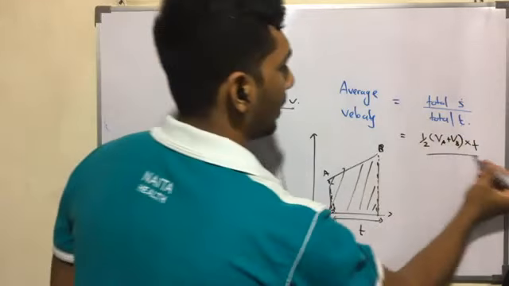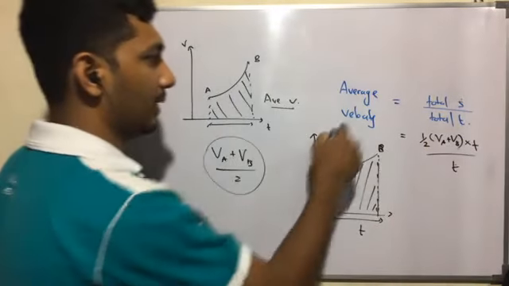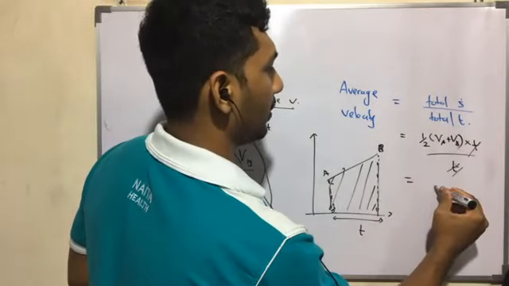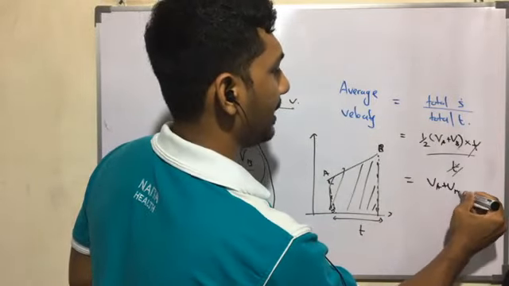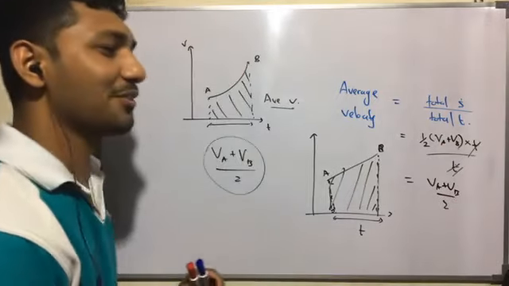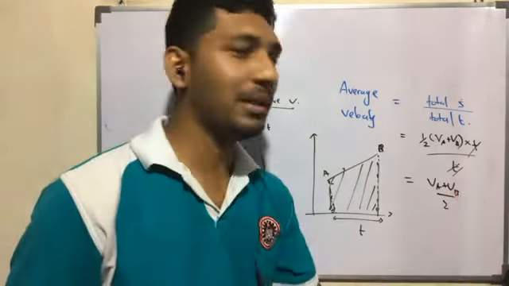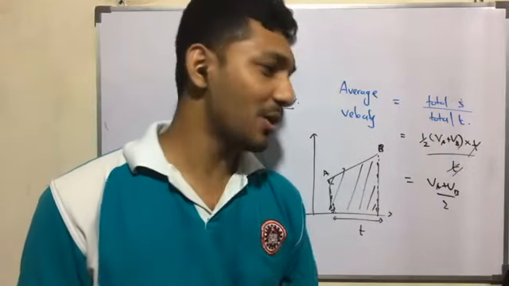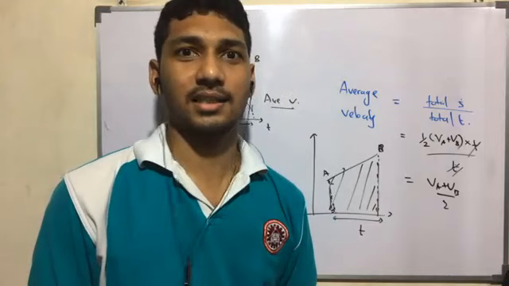Below that you have to put the total time to calculate the average velocity. So these two times cancel out, and it is equal to VA plus VB divided by 2. Fortunately, you have that familiar guy, and that guy gives you what you expected. So the fifth answer is the answer.